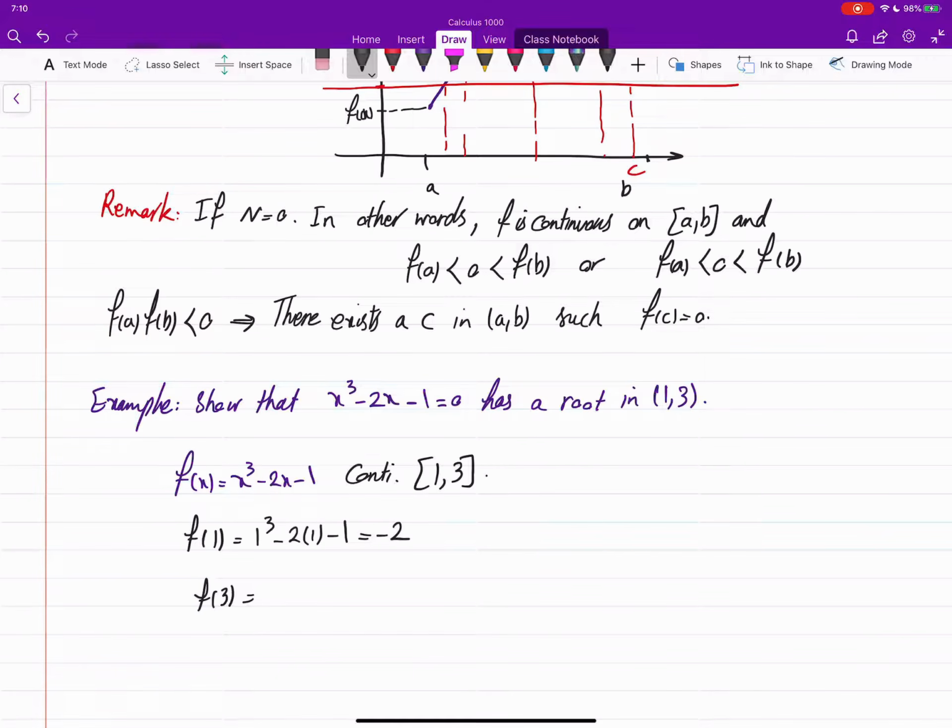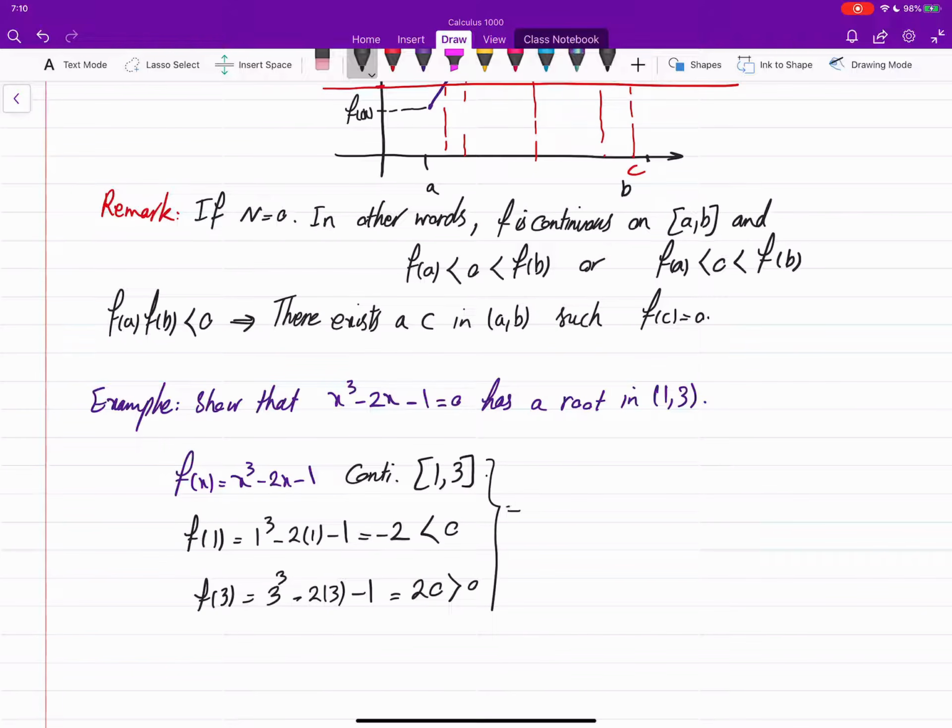This gives us a negative number. f of 3 is 3 cubed minus 2 times 3 minus 1, that's 27 minus 7, so this will be 20. Obviously this is a positive number. Negative, positive. It is continuous.